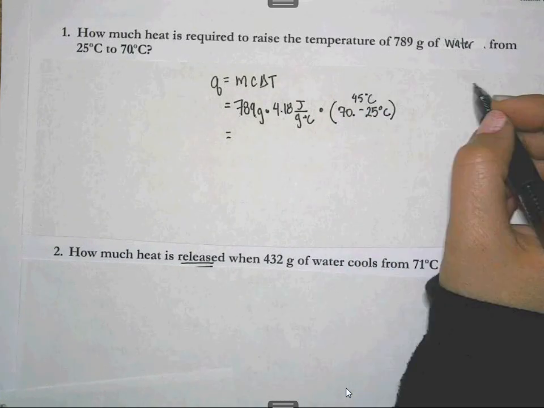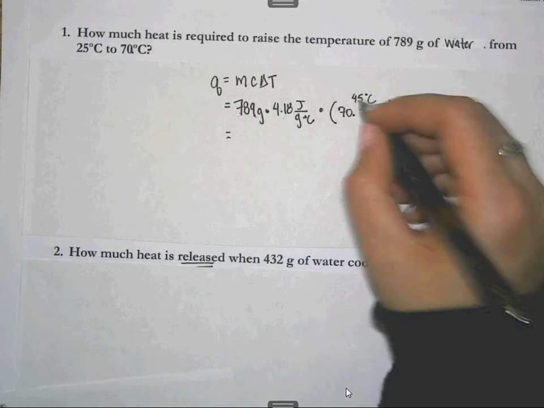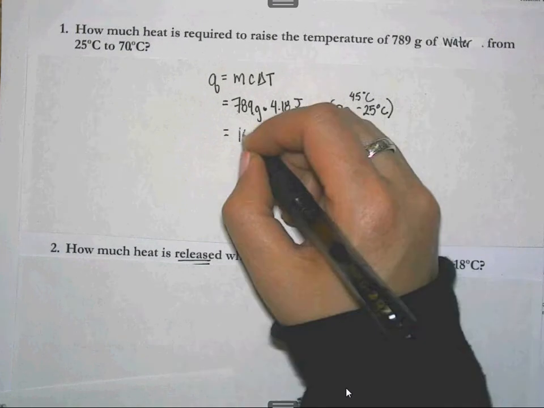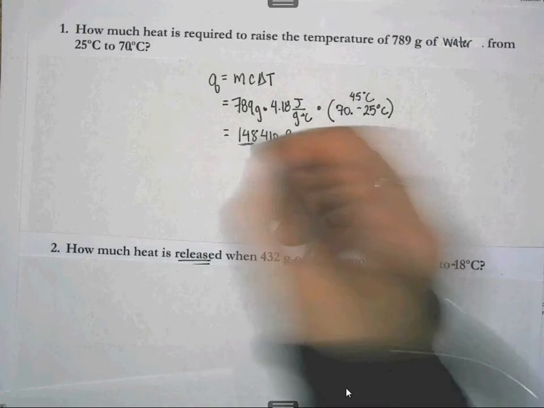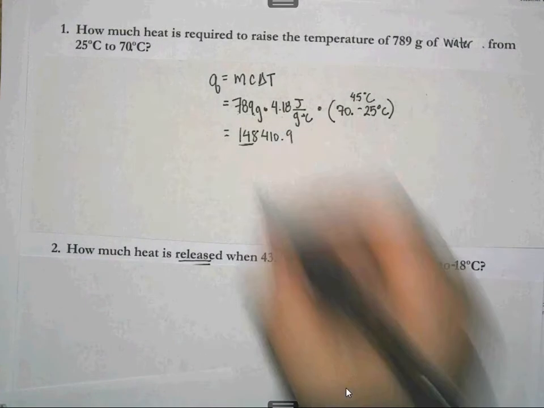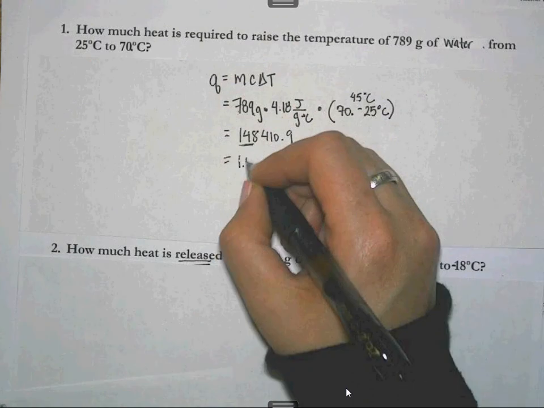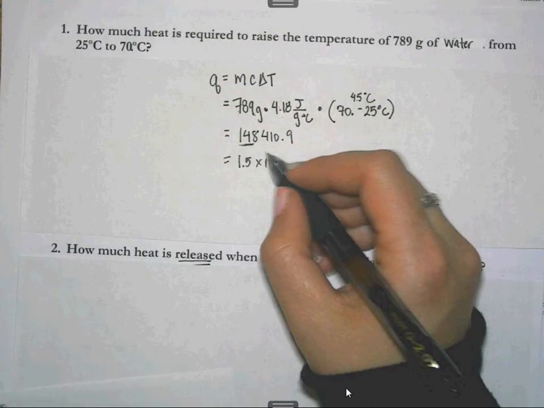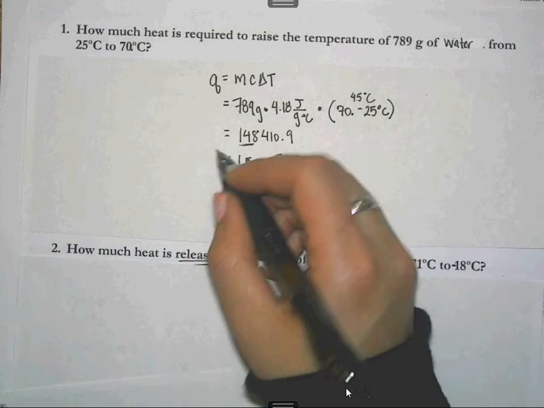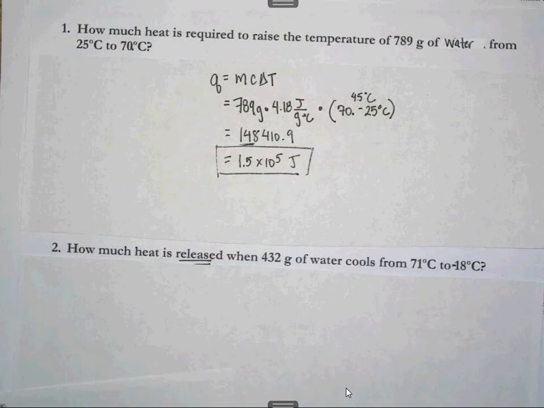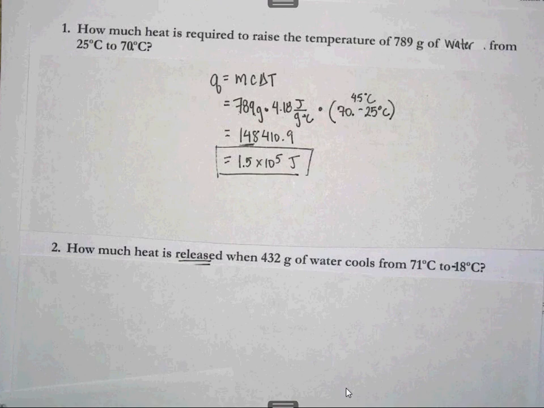What's the mass of my water? 789. Okay, my C. Remember from before, we had this list up there, and like we've done this before. I'll put it up here, so if you watch it later, you could pause it if you need to. Remember, C is specific heat. Well, my reference table gives me a whole list of specific heats of water. Which one should I choose?